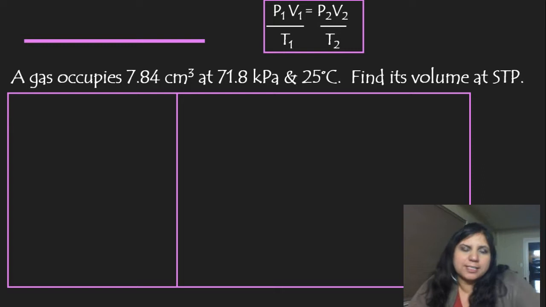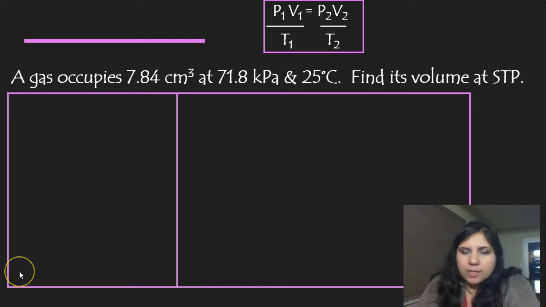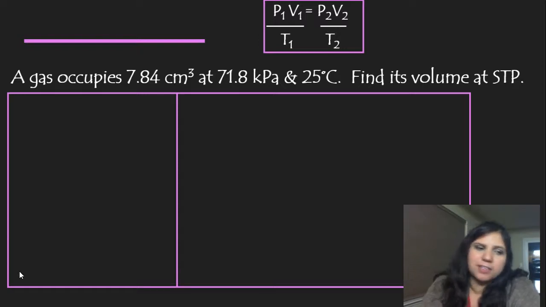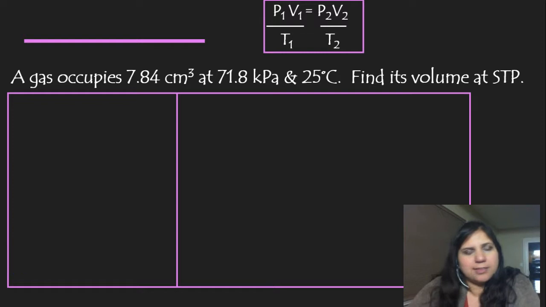Okay, so here's our example. We've got the combined gas law at the top. Just remember that P stands for pressure, V stands for volume, T stands for temperature, and then the difference between the 1 and the 2 are 1 is the first set of conditions, 2 are the second set of conditions. And the question, a gas occupies 7.84 cubic centimeters.